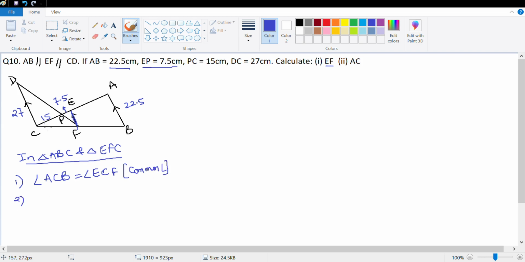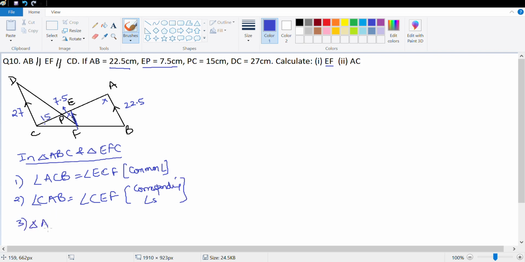So this angle is common, and I will get angle E here and angle A here as equal because these are corresponding angles. So let's just write that down. Angle CAB would be equal to angle CEF. These are corresponding angles. What this means is these two triangles are similar by AA test.